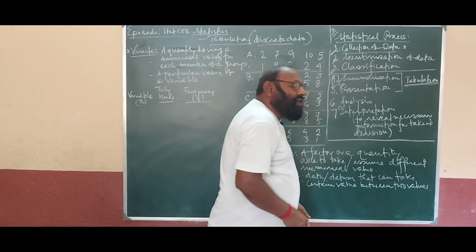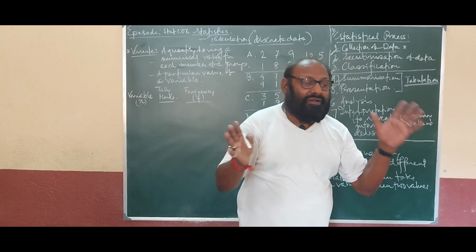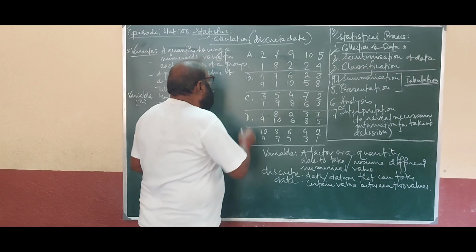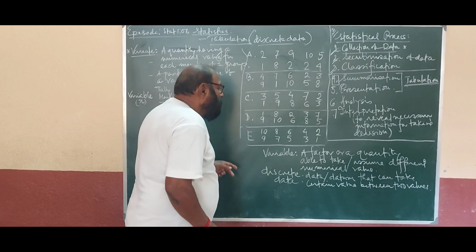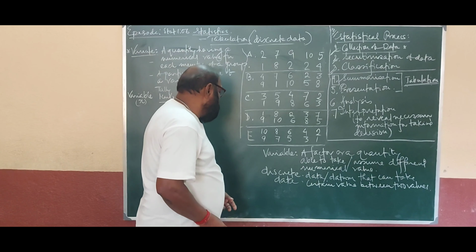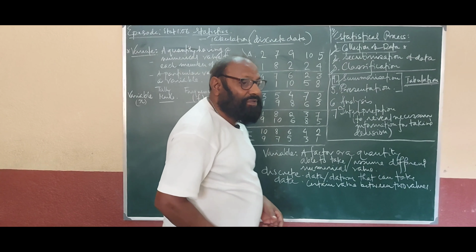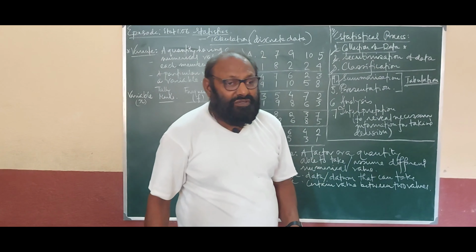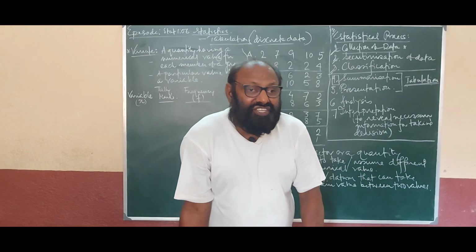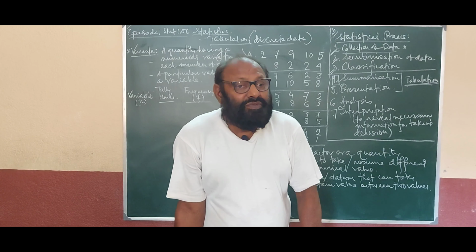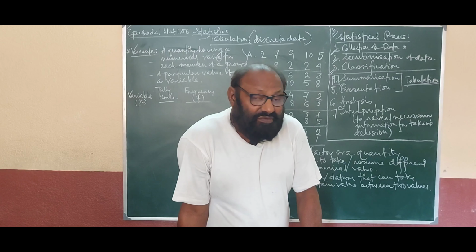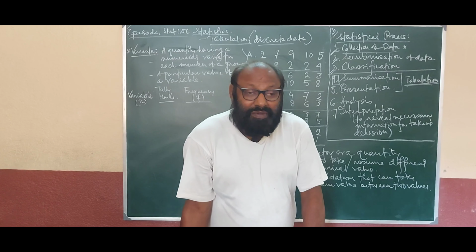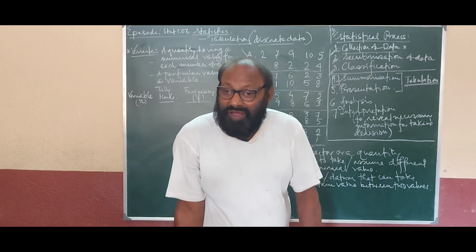What would I do? Take the example I have written over here. This is the observation. Five persons, Mr. A, B, C, D and E, have been asked to find out the ages of the children who are living in their small locality.